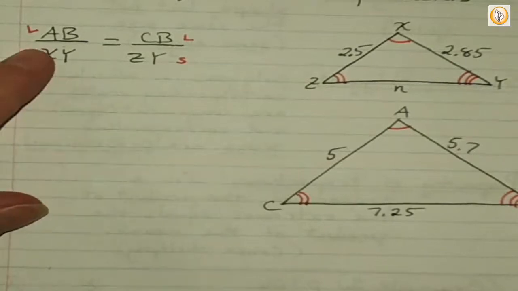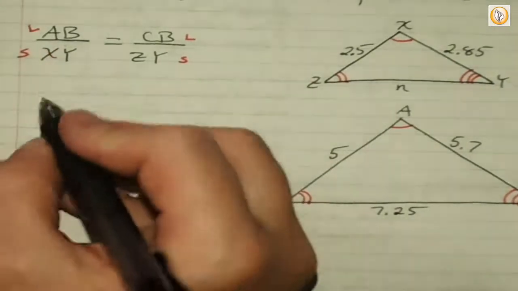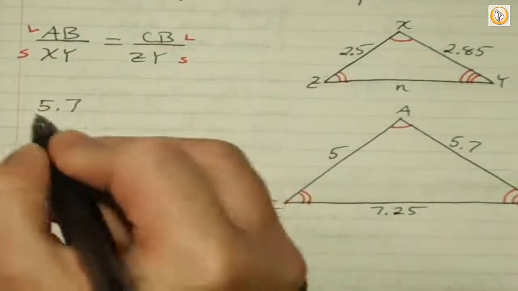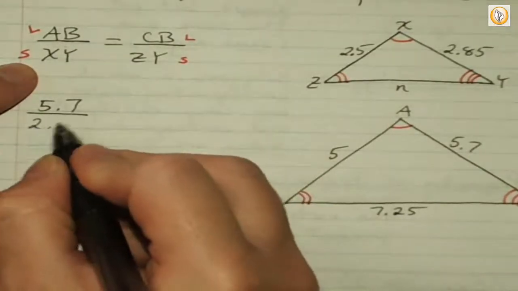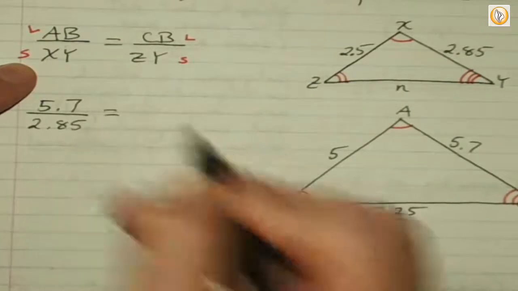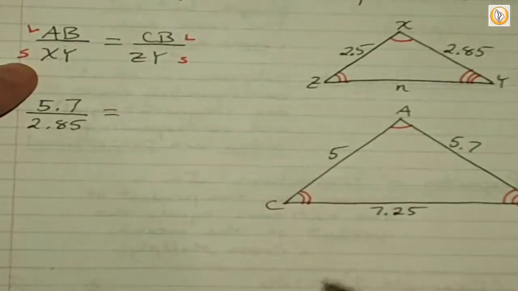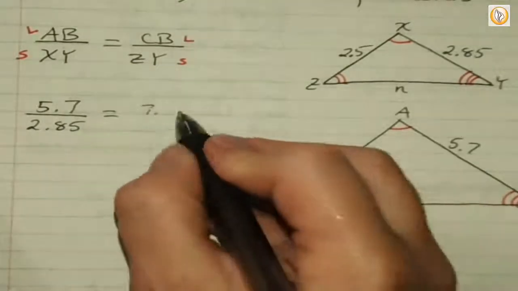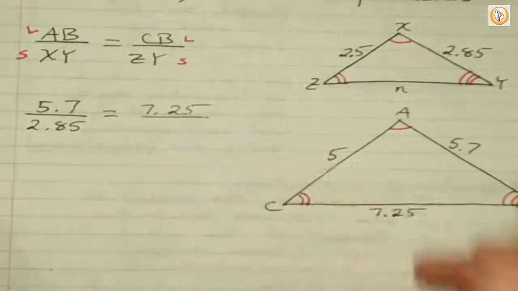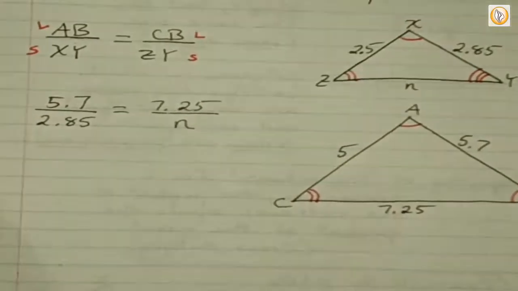Okay, so now AB is 5.7 and XY is 2.85. CB is 7.25. And then N goes on the bottom.